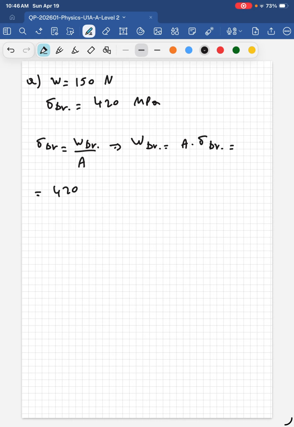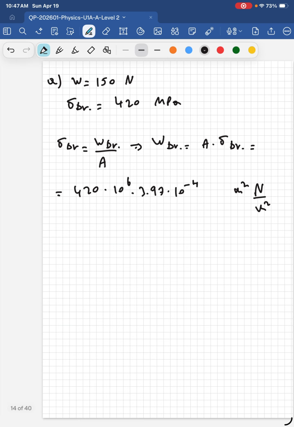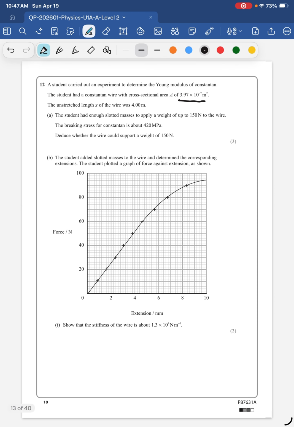So 420 times 10 to the 6 pascals, and a pascal is a Newton per square meter. And then the cross-sectional area is 3.97 times 10 to the negative 4 square meters, which I take from here.